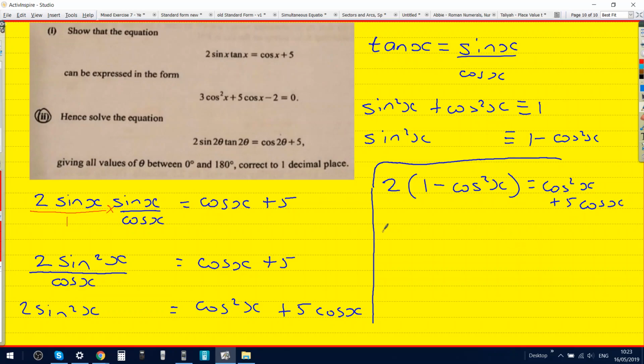So I expand that bracket, would I? Mm-hmm. So 2 minus 2 cos squared x. And then what's next?